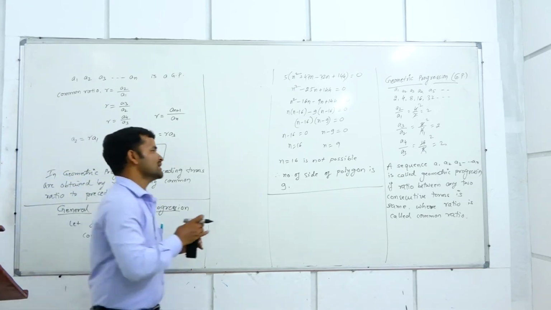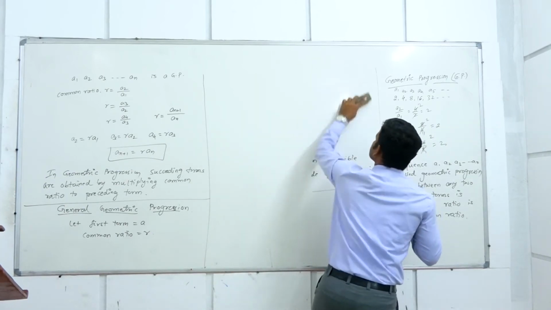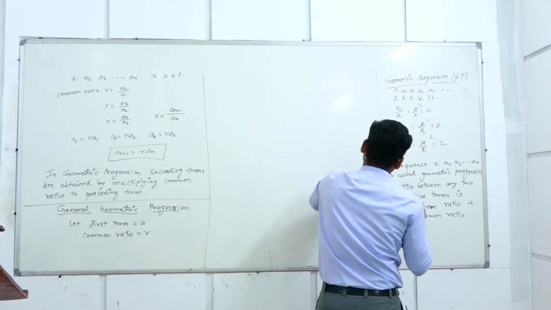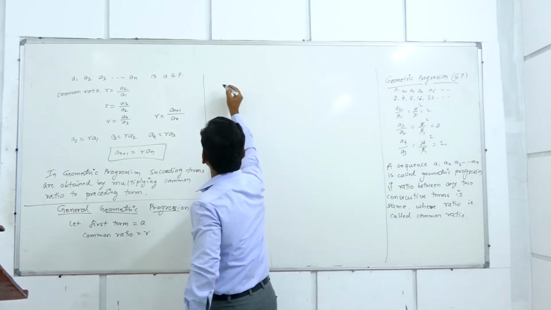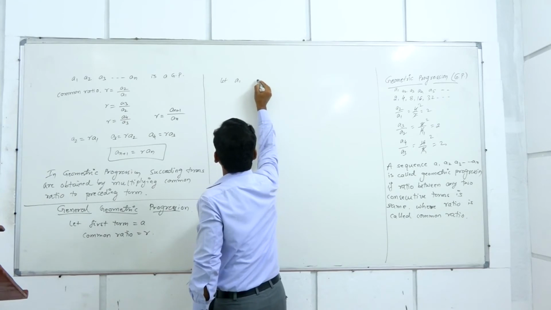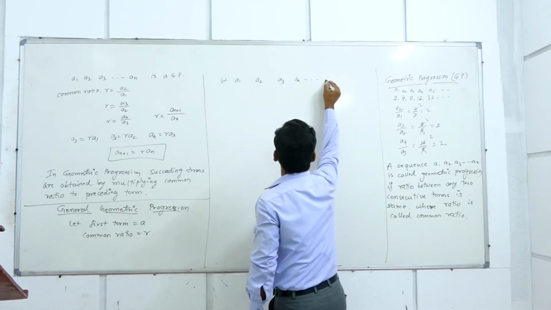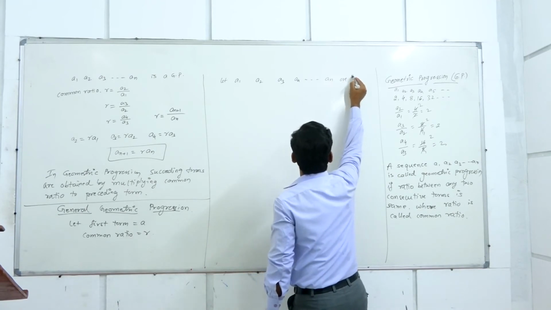Now what will be the general geometric progression? Let me consider here, let a1, a2, a3, a4, so on up to an are in GP.